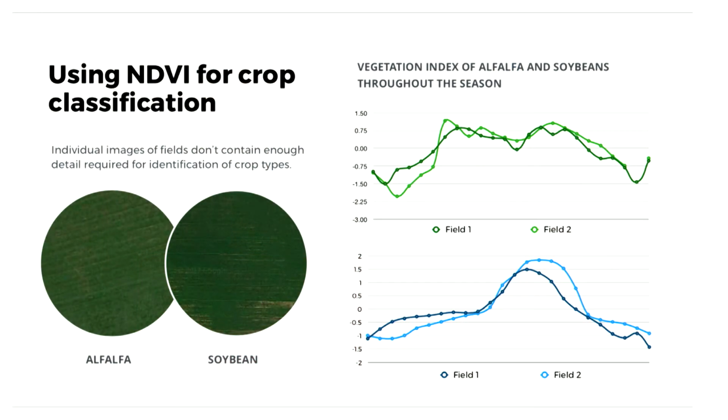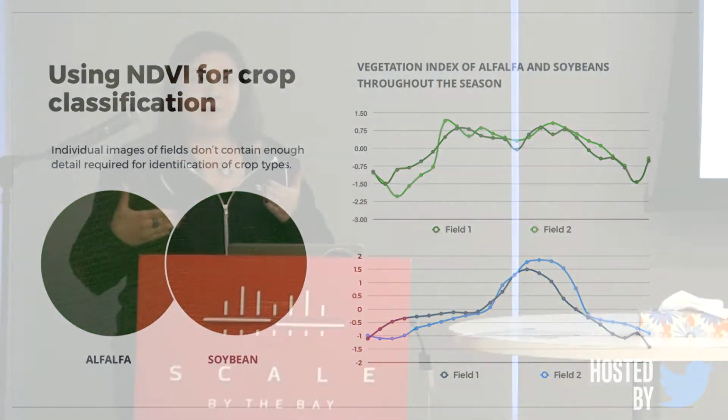NDVI is one of the vegetation indexes extracted from multispectral data. Satellites light the surface of Earth in red, near-infrared and green spectral bands, and from this information it's possible to extract the NDVI metric and use it to see what was growing there.